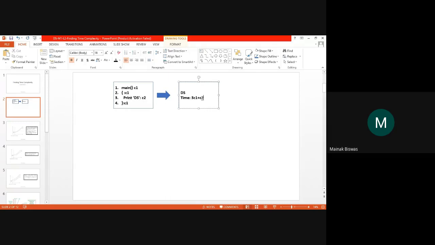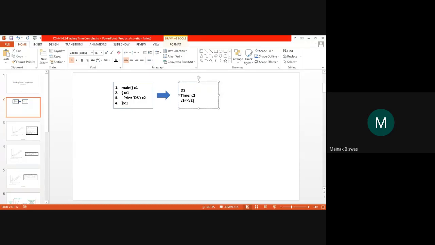C1 is very small compared to C2 because C2 is the more time-taking operation. Printing is a much more time-taking operation, so the dominant time is C2.